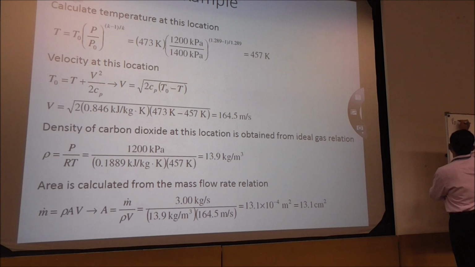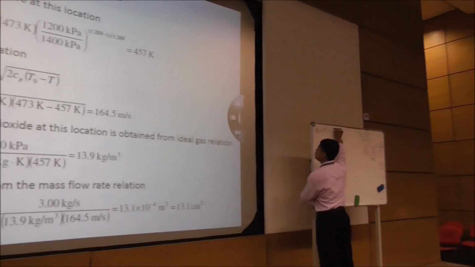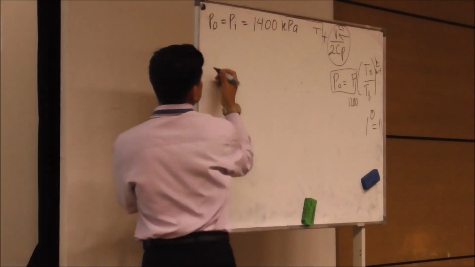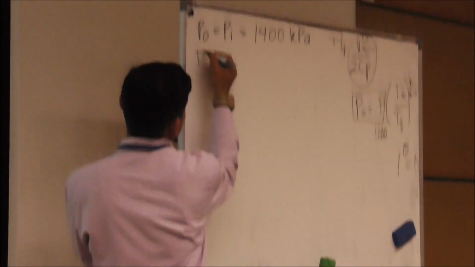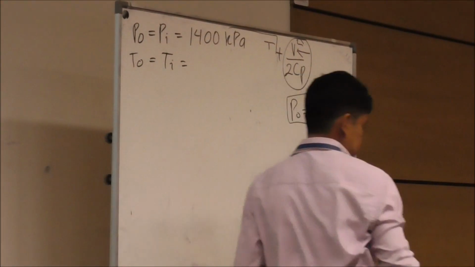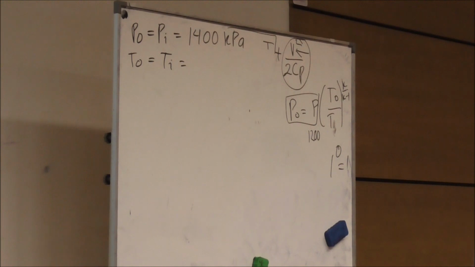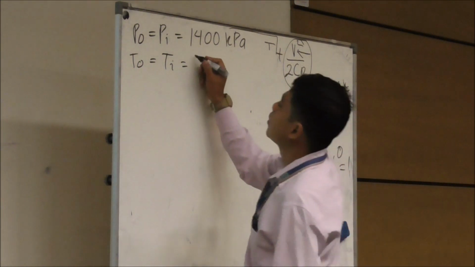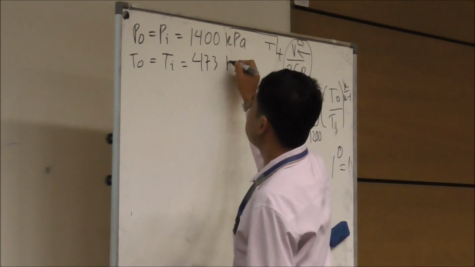So your P naught, which is equal to P inlet, is 1400 kilopascal. Then your T naught is T inlet, how many Kelvin? 473 Kelvin.